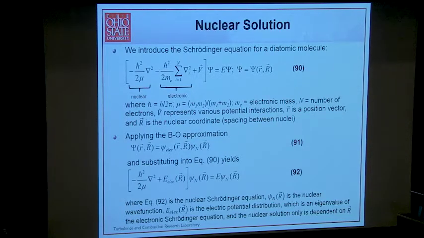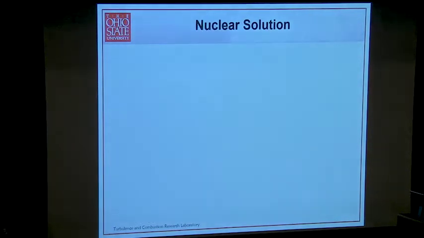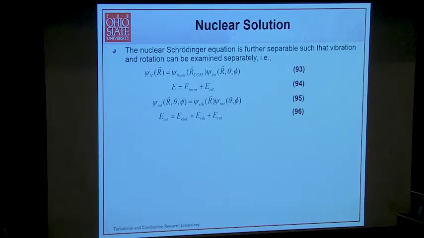What we're going to do is try to simplify this further until we get down to something that you could call the vibrational Schrodinger equation. We can then separate, again not doing the math behind these, I want you to just see these are further separable, such that vibration and rotation can be looked at separately.